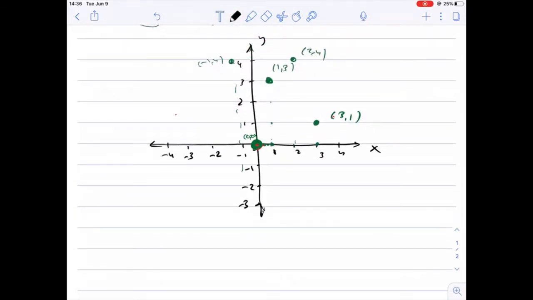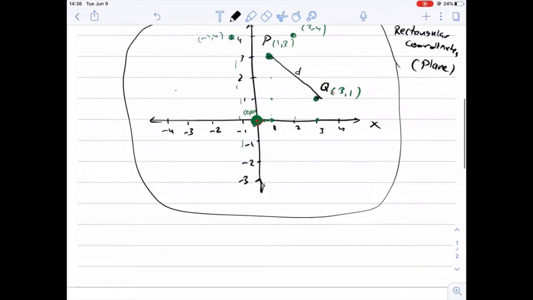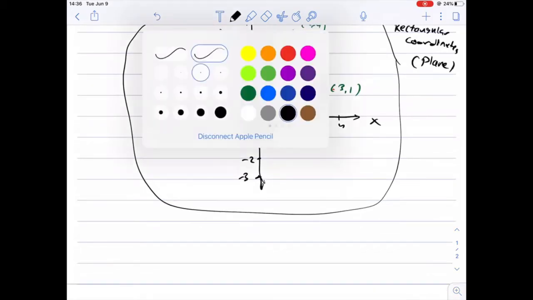Now, if we are interested in finding the distance between any 2 points on the plane, or rectangular coordinate system, say the distance between those 2 points (1, 3) and (3, 1), let's call this point P and this point Q. So what is the distance between those 2 points?